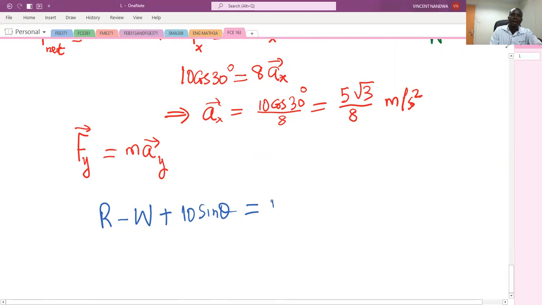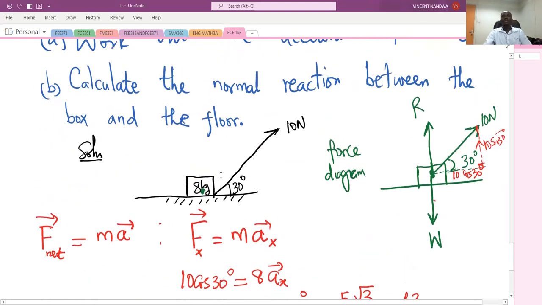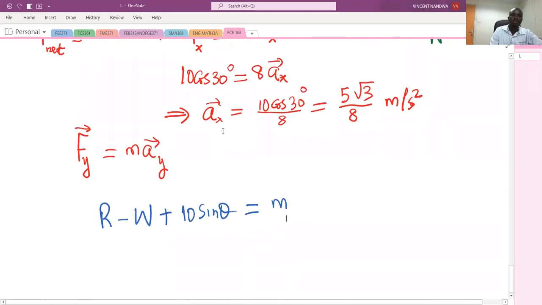This should give us mass times acceleration. Because this box is moving horizontally, the vertical acceleration is 0, so it will be m times 0. That means R minus mg plus 10 sine theta is 0.